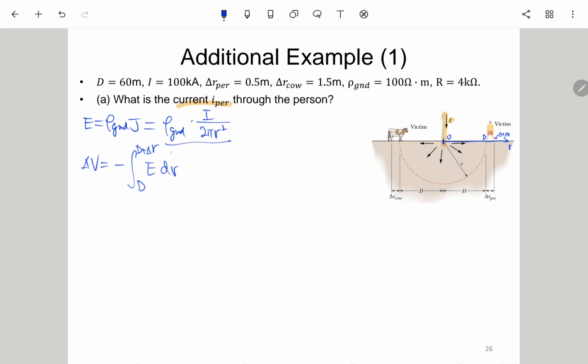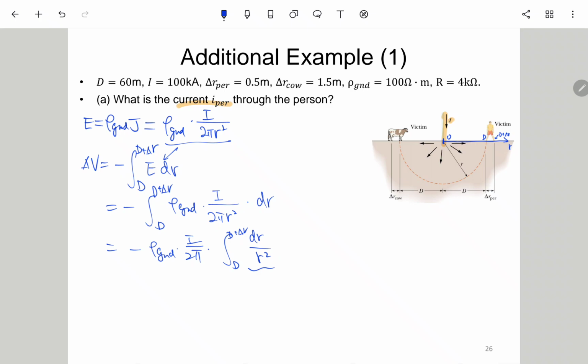Since E has this expression, we can put it inside. So we have a negative integral of rho ground times I over 2 pi r squared times dr, from D to D plus delta R. We move out all the constants, rho ground times I over 2 pi, so only dr over r squared is inside.